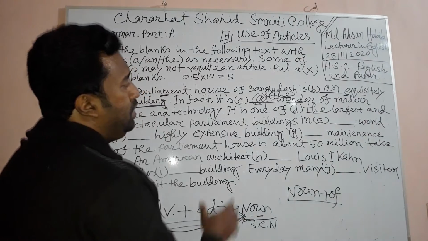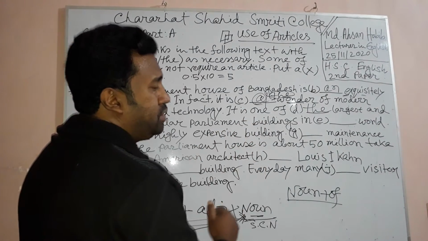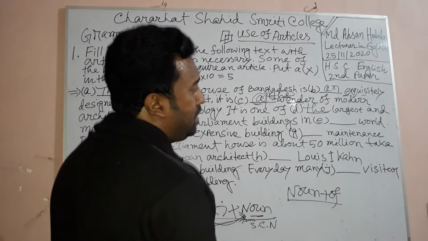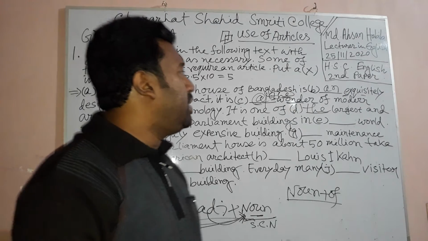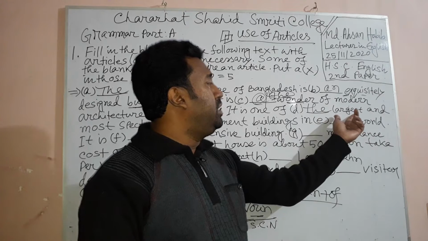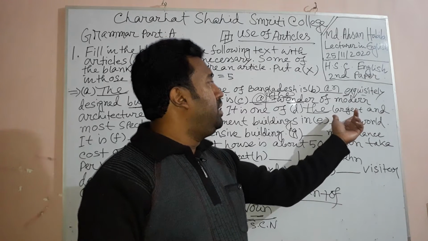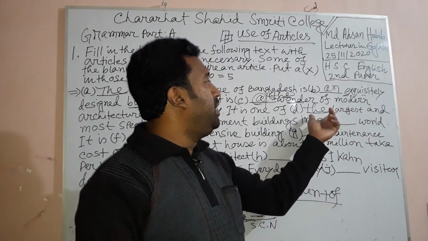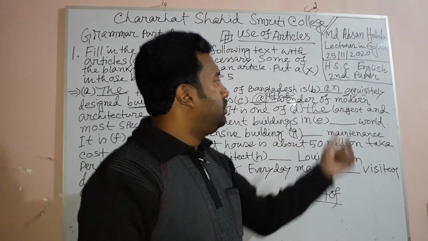It's a special use of the phrase one of the largest. And you can also say that largest is a superlative degree, and before a superlative degree you can put the.